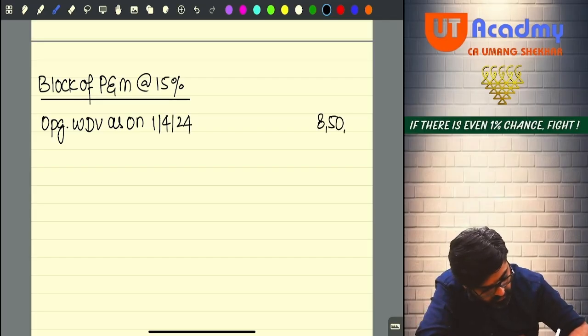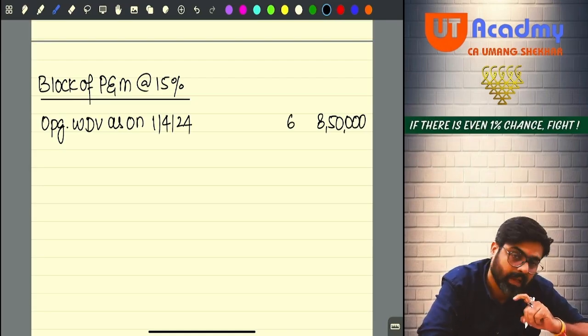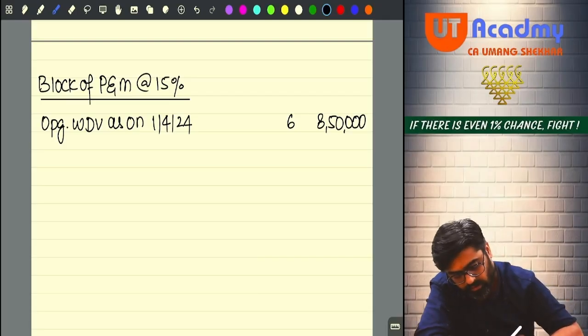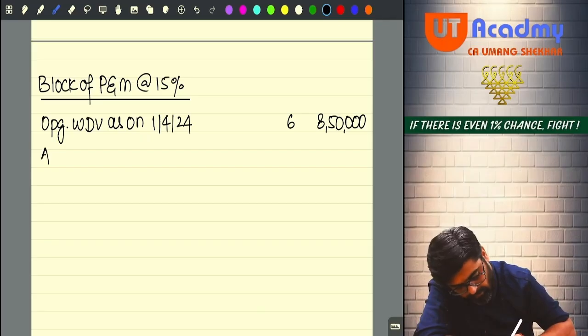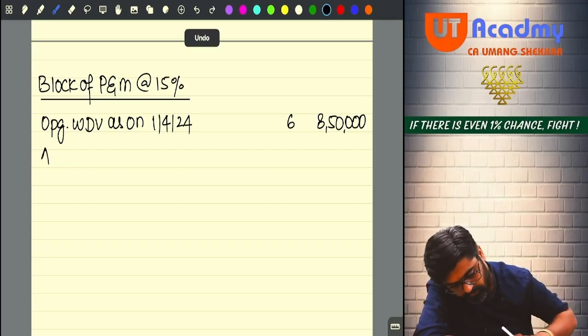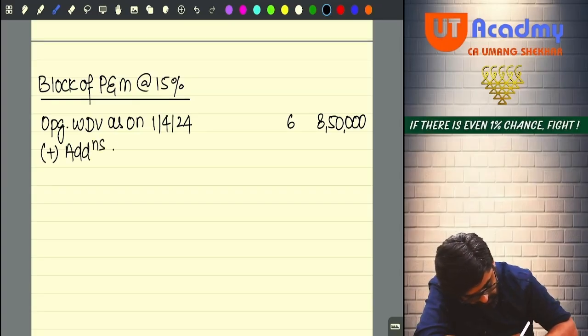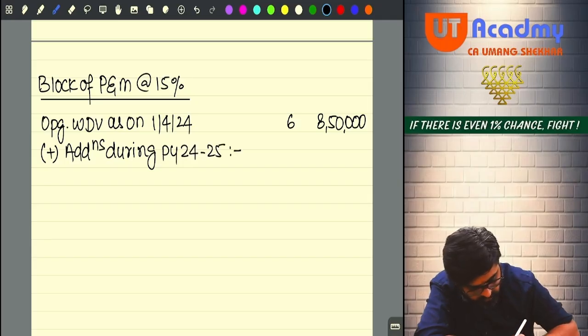There were 6 machines in the block at the opening. Now add the additions during the previous year 24-25. Any additions?